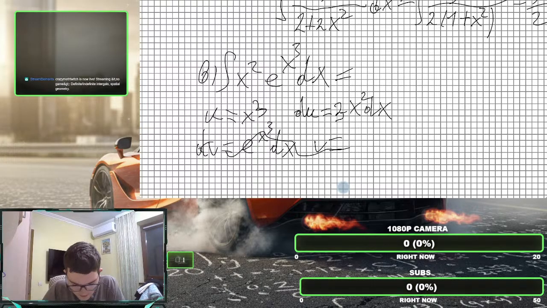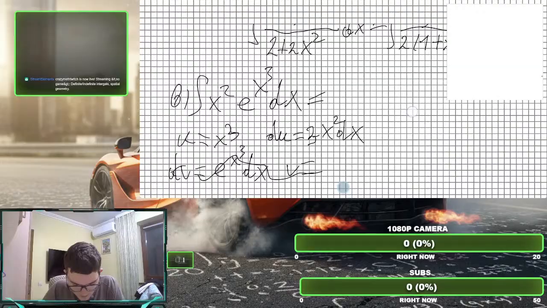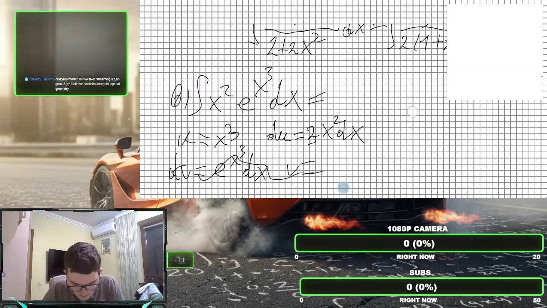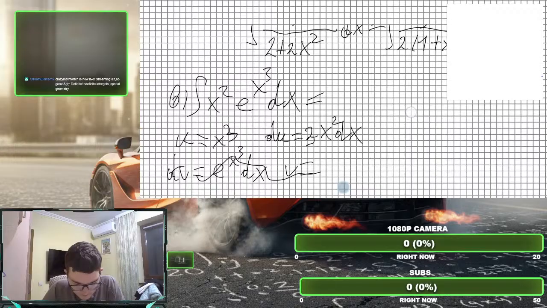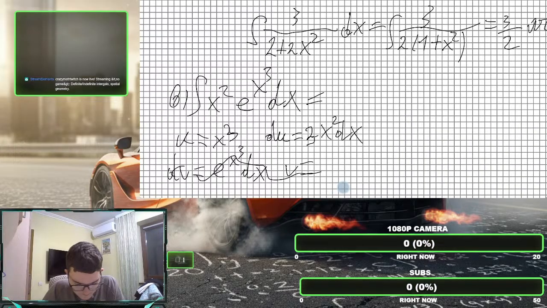This I don't need right now, but still you need to use the integration formulas and stuff. Or maybe not. Let me think about it.